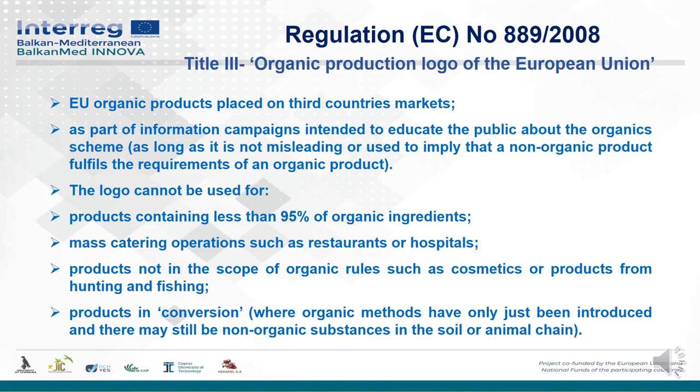It can be 100% and then the logo can be used again, but as a minimum it has to be 95%. If it is less than 95%, even 94, then the EU logo cannot be used, is not allowed to be used.